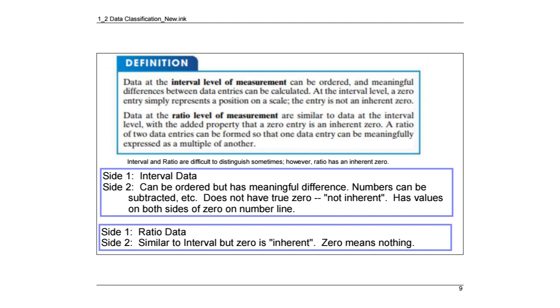Okay, here are the 2 tricky ones. You definitely want some flashcards for this. I'm going to show you a couple different ways that we can look at this. The first one is interval data. Interval data can be put in order, but there's actually meaning to the differences.